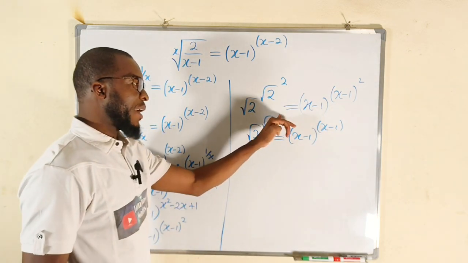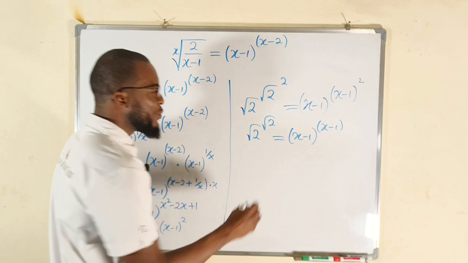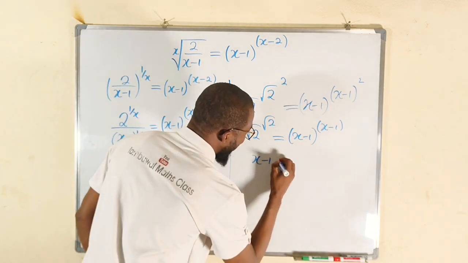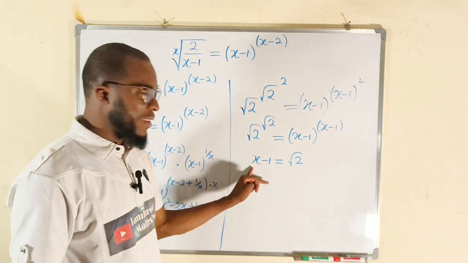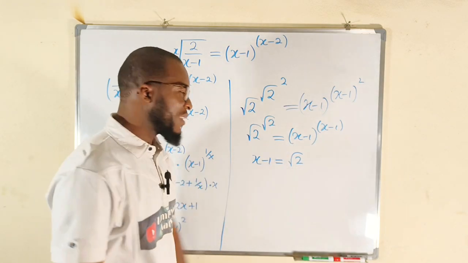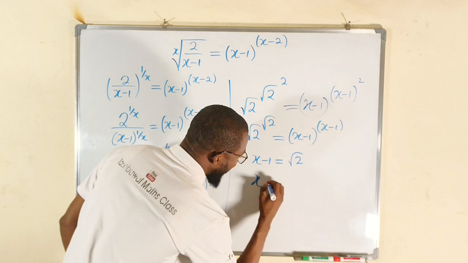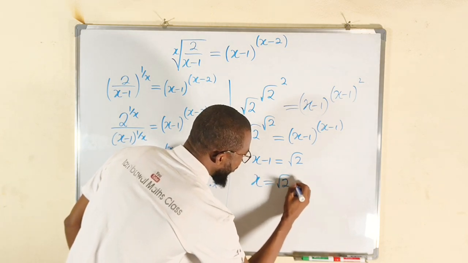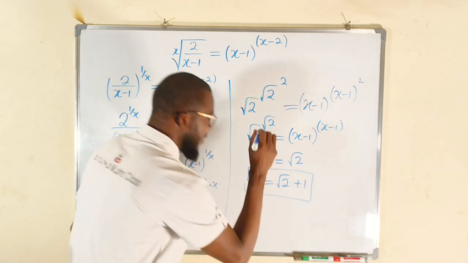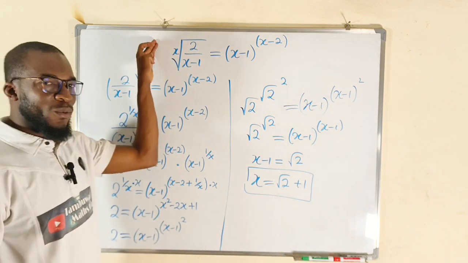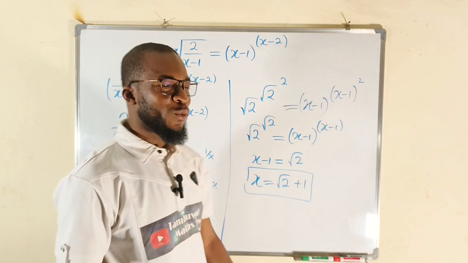Both the base and its exponents are the same, which means this x minus 1 must be equal to square root of 2. Our main goal is to find x, so we can take negative 1 to the other side. Therefore, x equals the square root of 2 plus 1. Final answer. The value of x in this equation is square root of 2 plus 1.